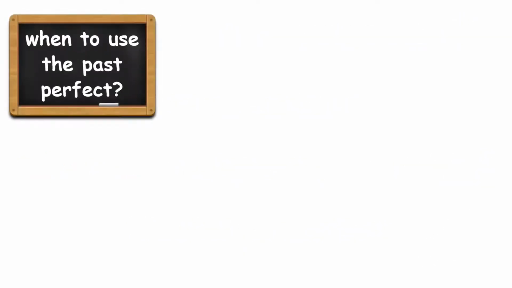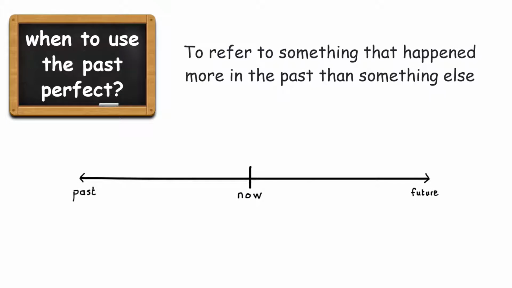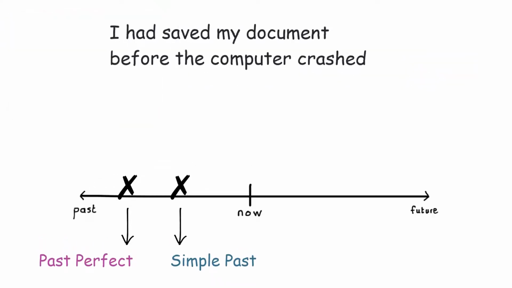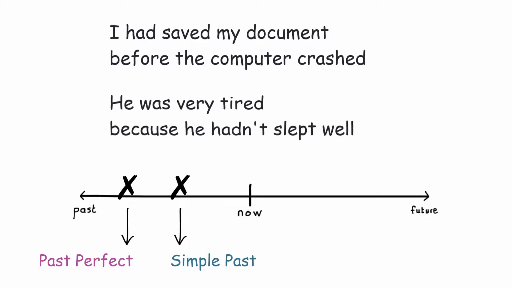We use the past perfect to refer to something that happened more in the past than something else. For this reason, it's almost always used with another phrase in the simple past. For example, I had saved my document before the computer crashed. He was very tired because he hadn't slept well.